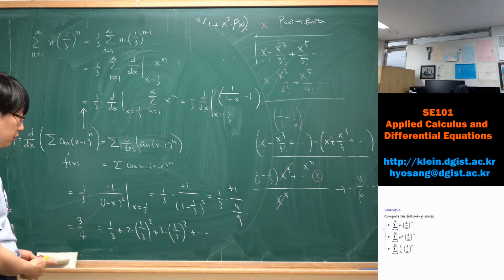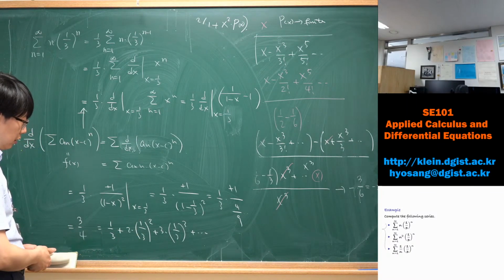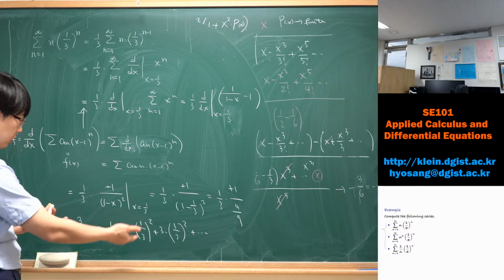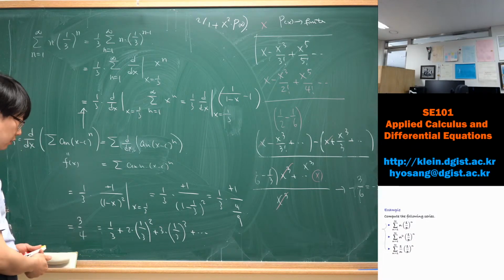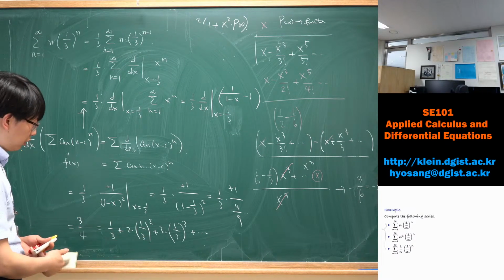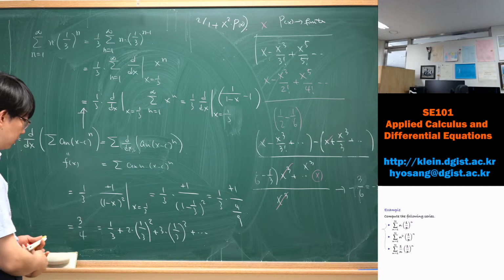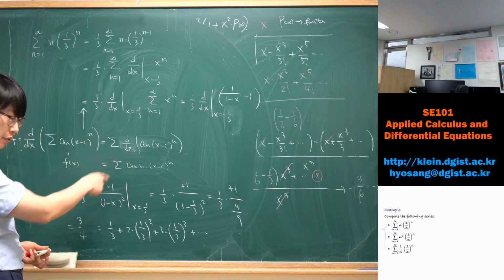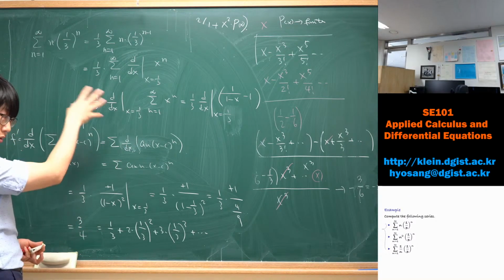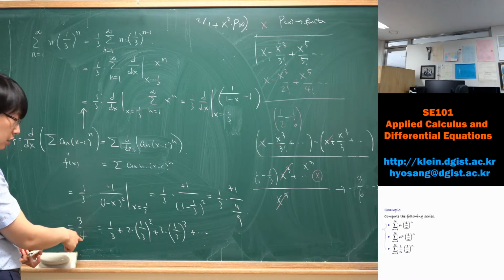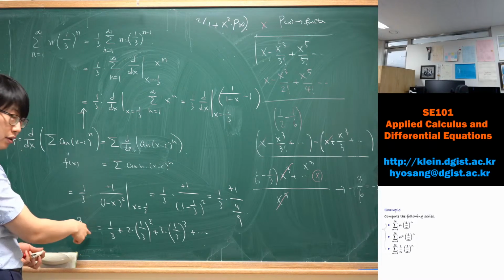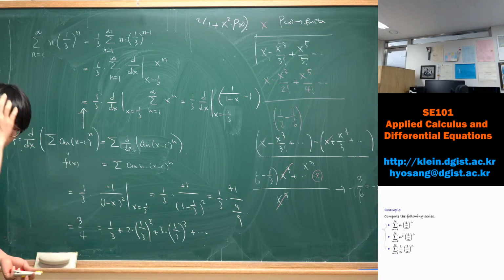It's not a geometric series, and there's no consistent way of finding the value by simply looking at this series. I know that it will go up to some number, but I don't know what exactly that is. But using the Taylor series, you can find the exact value of this series. And same thing for the others.